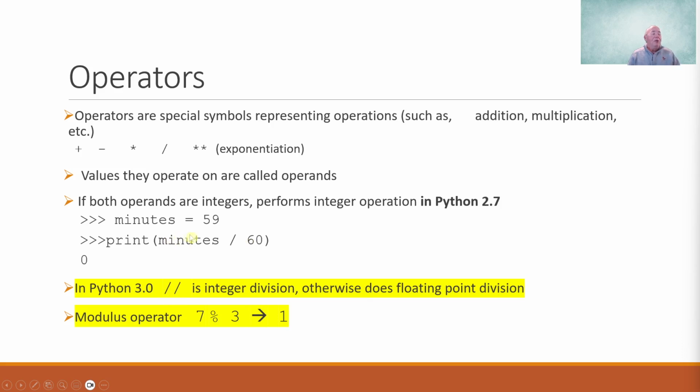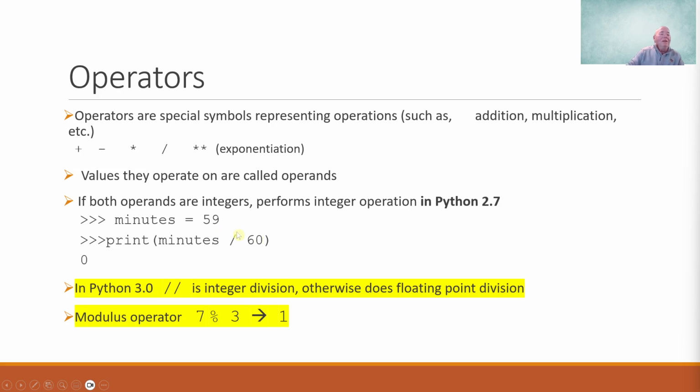All right. So the reason that the answer is 0 here is that in Python 2.7 and before, if minutes is 59 and 59 is divided by 60, well, there's an answer that comes out in decimal. I don't know what it is. I could calculate it, but I don't want to spend the time.